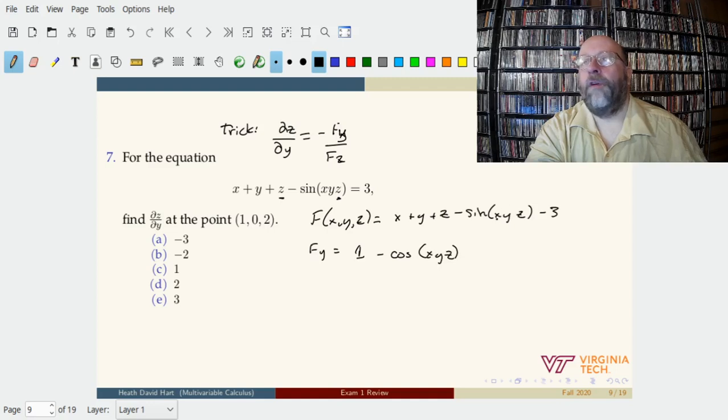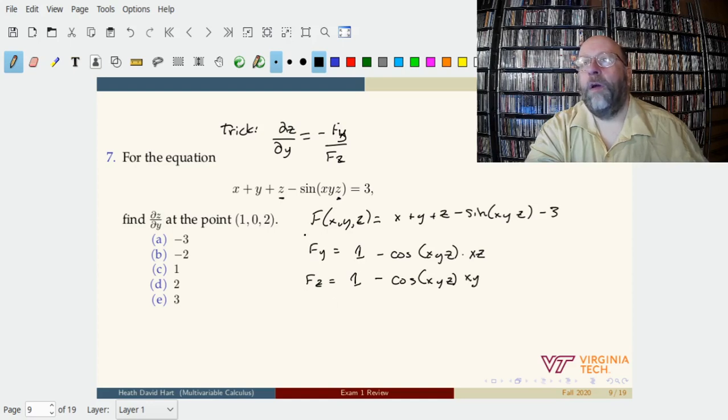And then the derivative of the inside with respect to y is xz. The derivative with respect to z is 0, 0, 1. Derivative of sine is, again, negative cosine. But this time the derivative of the inside is xy.